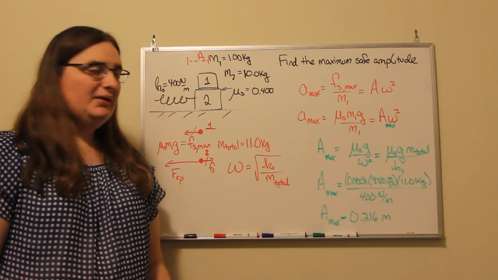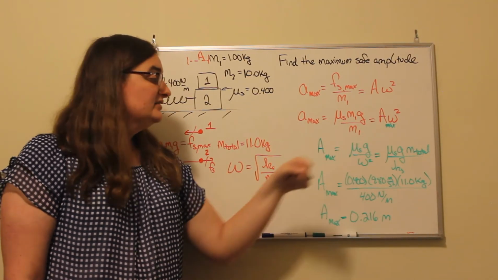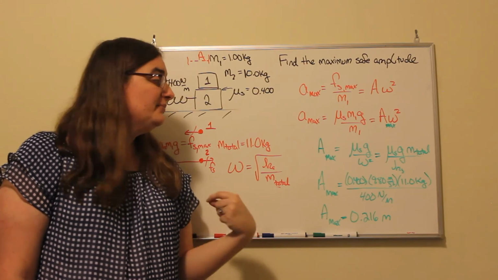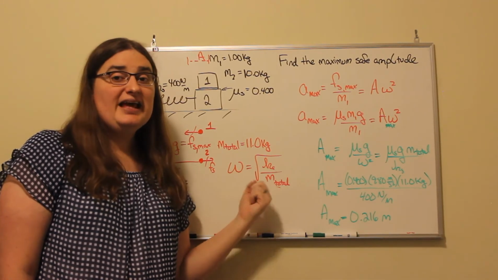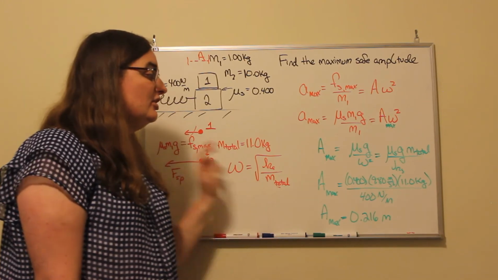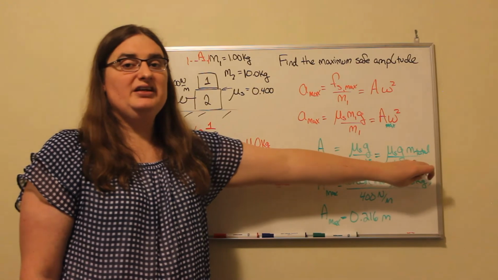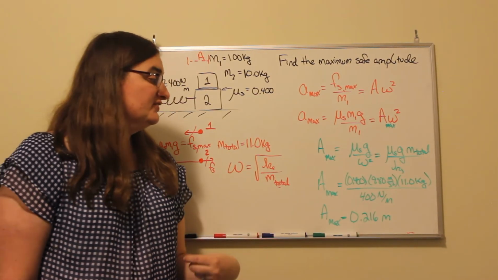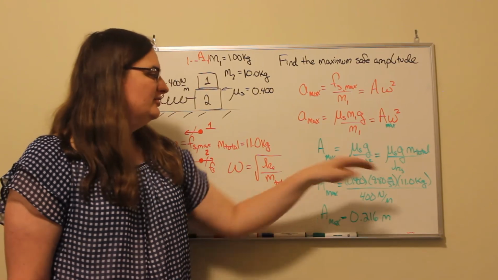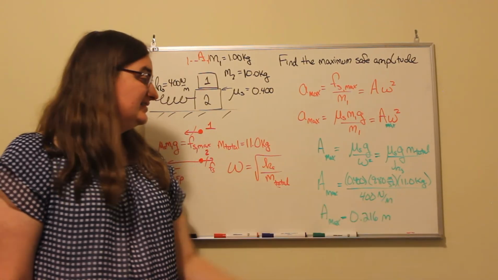And that maximum amplitude is the coefficient of friction times gravity divided by the natural frequency omega squared. And omega squared is our spring constant k divided by the total mass. So dividing by that means we'd have our coefficient of static friction times gravity times our total mass divided by our spring constant.